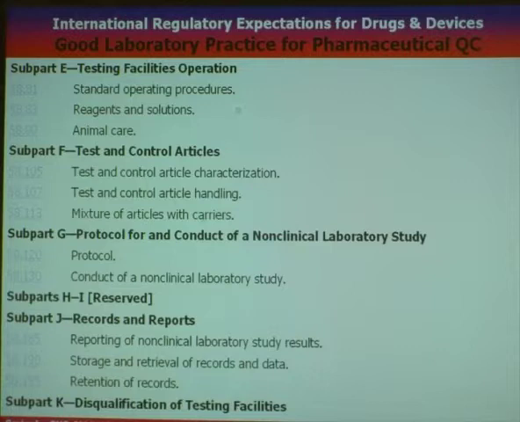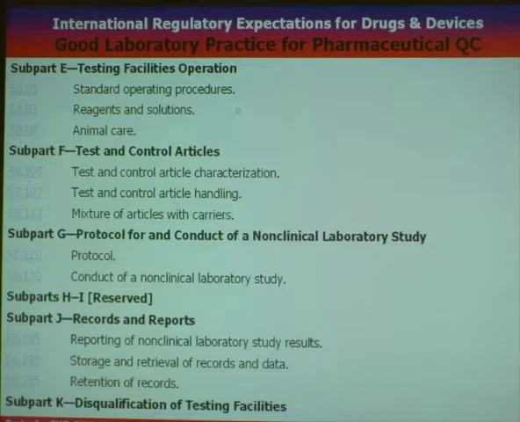Subpart H and I, which in GMP relate to holding and distribution as well as laboratory controls, they've reserved, and gone on to subpart J, which is the records and reports as in GMP: reporting of non-clinical laboratory study results, storage and retrieval of records and data, retention of records. Subpart K is the main difference between the two.